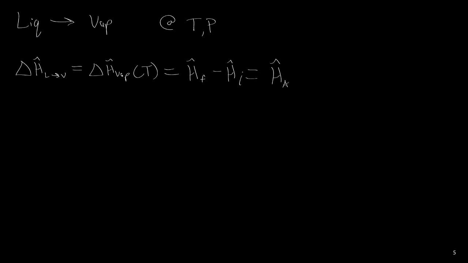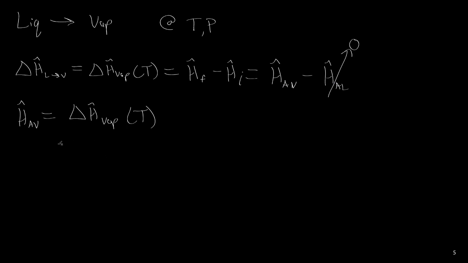In this case, we'll use A as the vapor, which is our final state, and H as the liquid, and again, this is our reference condition. So if we were filling in our table, H hat of A in the vapor stream would be equal to the delta H of vaporization at the particular system conditions of T.